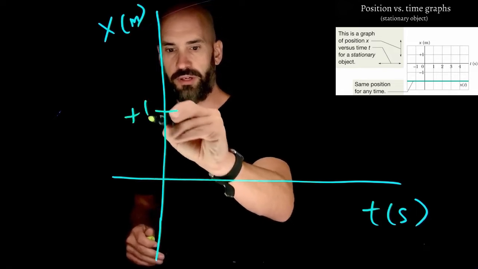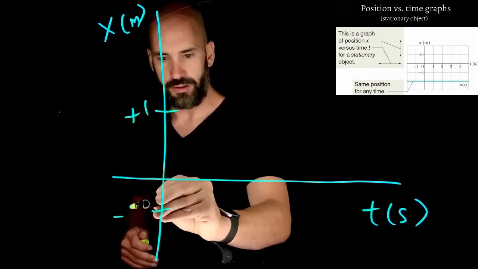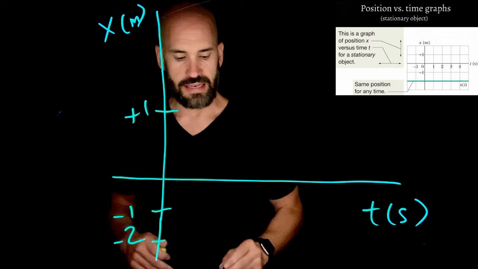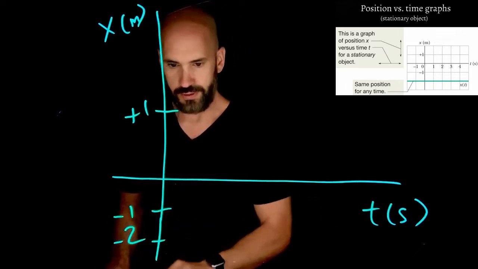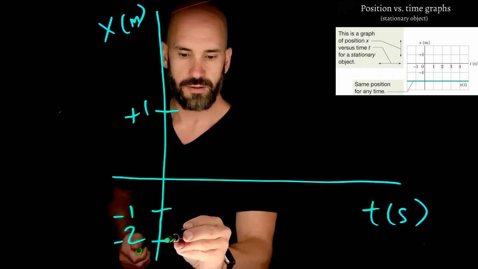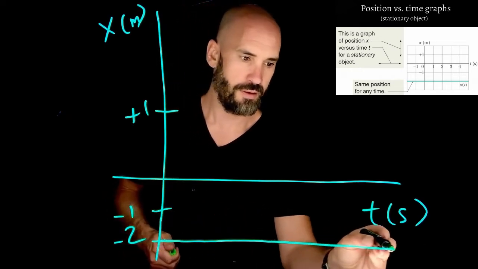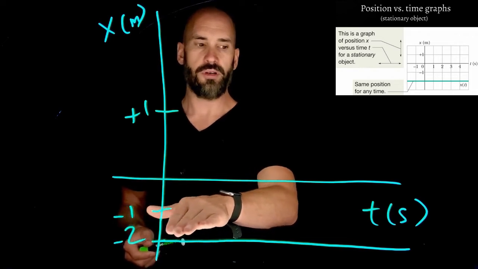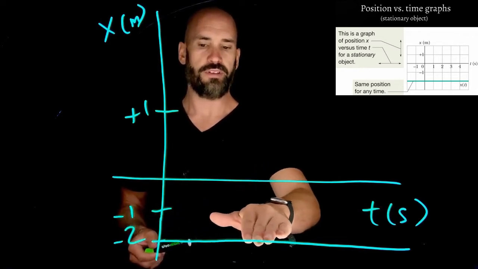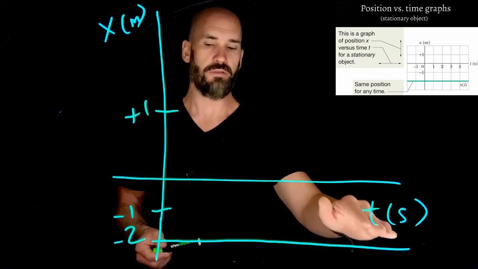And I want to show the motion of a stationary object. There's +1 here, -1 here, -2. In the example I have here, the stationary object is staying at -2 over time, never moving.